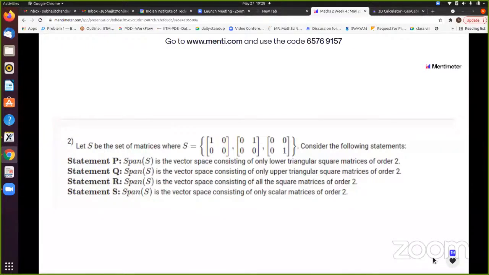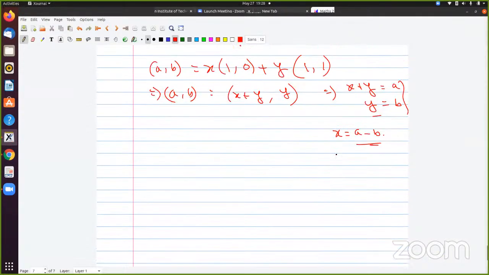Yes, sir. Anyone wants to say anything regarding this? So these are 3 elements, right?